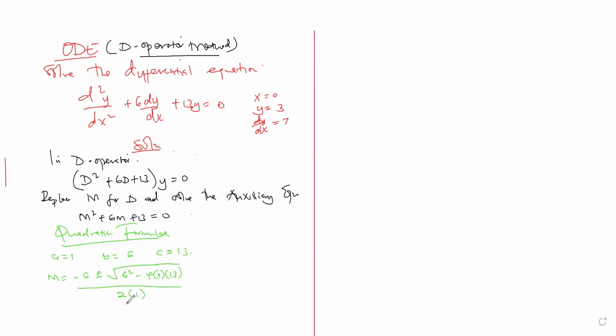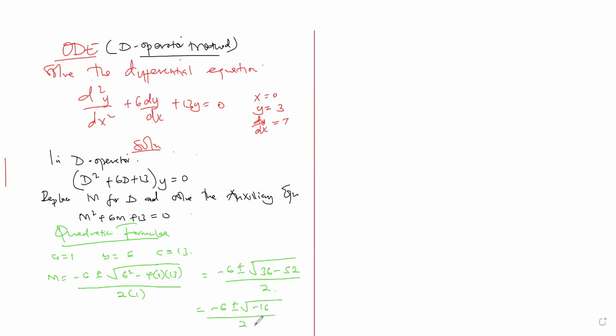Your A is 1. Simplifying this, we have negative 6 plus or minus the square root of 36 minus 13 times 4, that is 52, then over 2. Continuing to simplify, plus or minus the root of 36 minus 52 gives you negative 16, over 2.